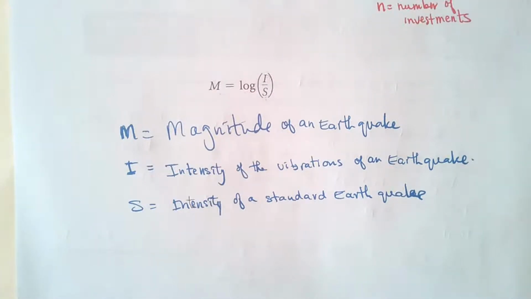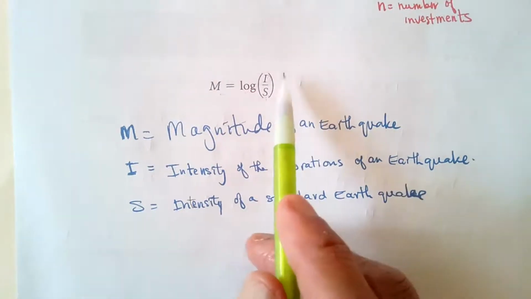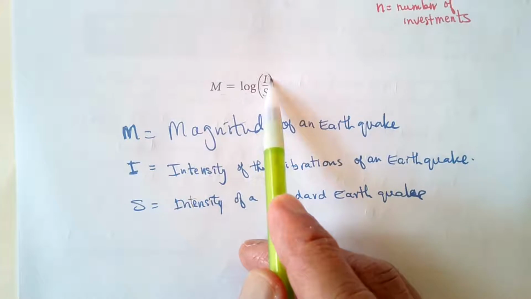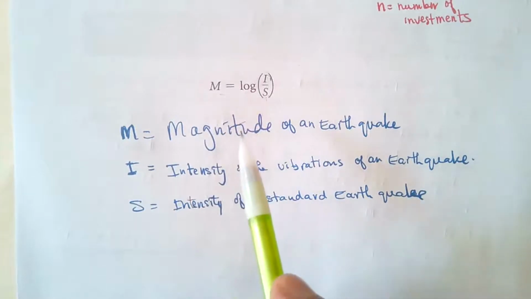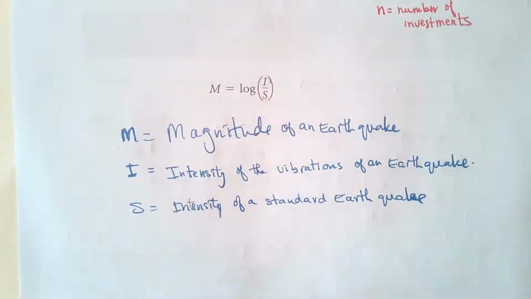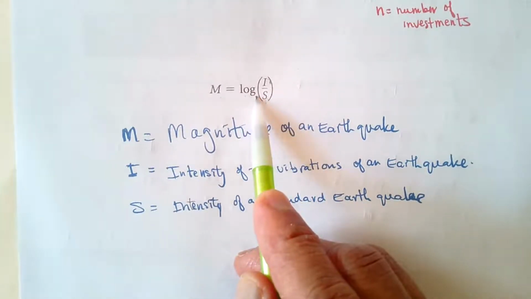And generally it's measured in microns. Okay. So each increase of 1 unit on the log scale represents a 10-fold increase in intensity. Because we're using a base 10 log, that's why there's no subscript. It's base 10 log.